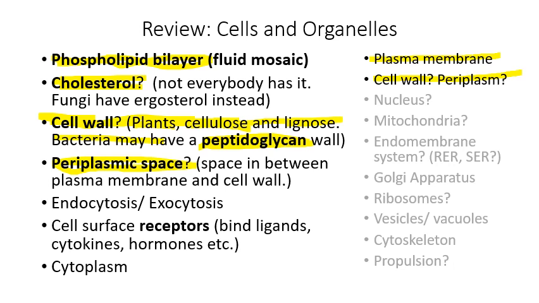So the term periplasm or periplasmic space refers to the space in between the two plasma membranes of certain types of bacteria. You can also refer to the periplasmic space as the space between the plasma membrane and the cell wall, but that's less common.